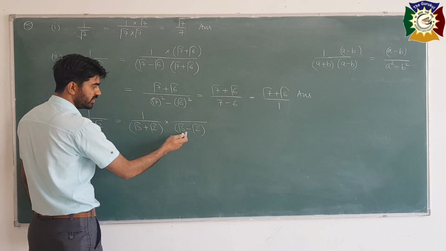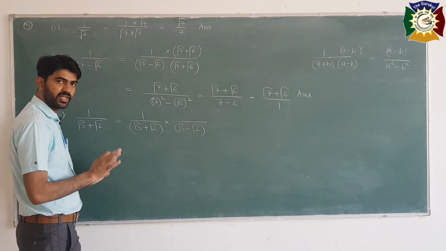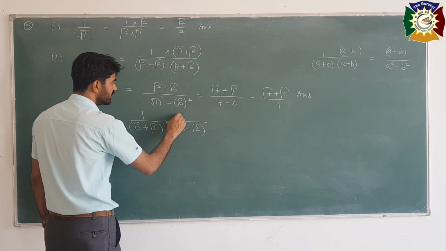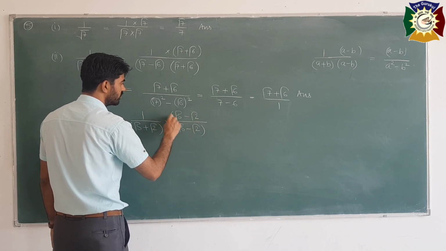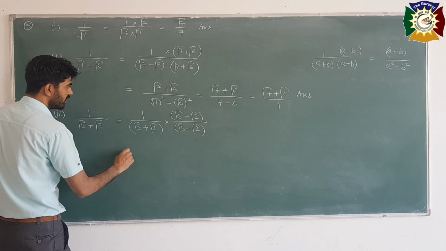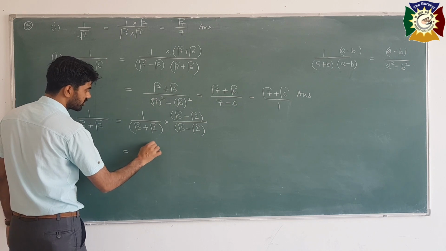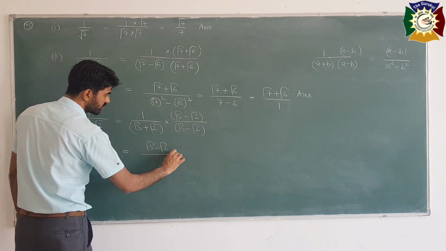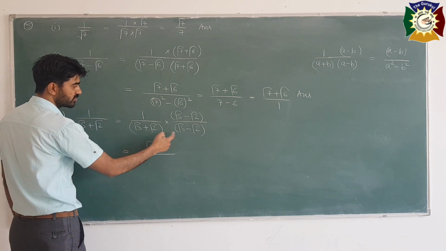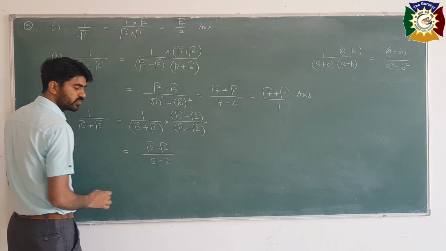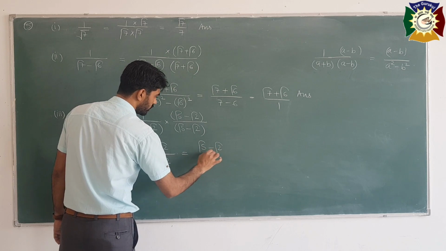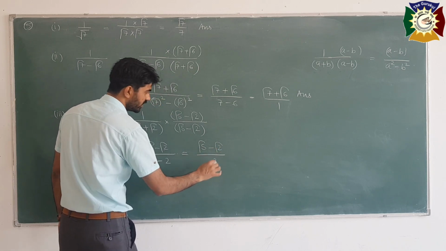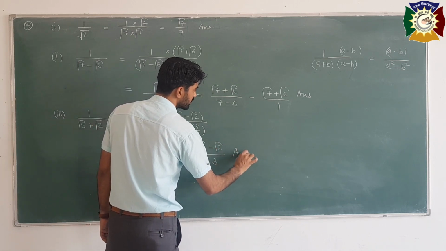A plus b is given, a minus b we have taken, so that the identity can be applied. So if we are writing in the denominator, we have to write in the numerator also. So it will be root 5 minus root 2 divided by a square minus b square, which is 5 minus 2, that is 3. So it is equal to root 5 minus root 2 by 3. So this will be the answer.